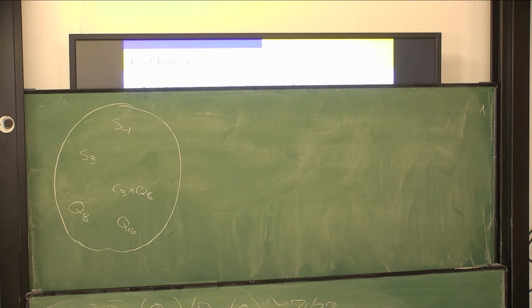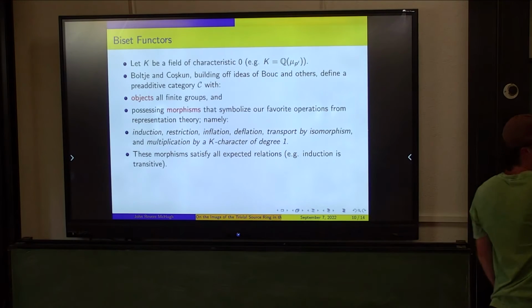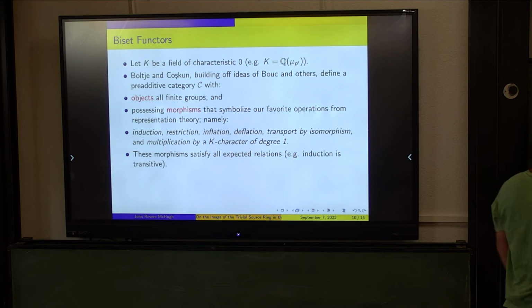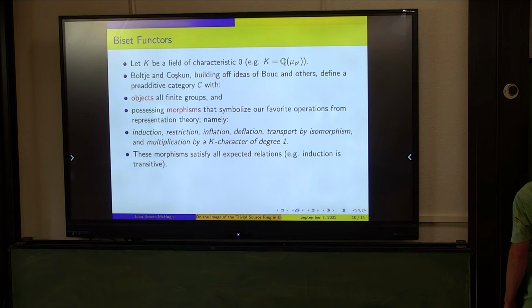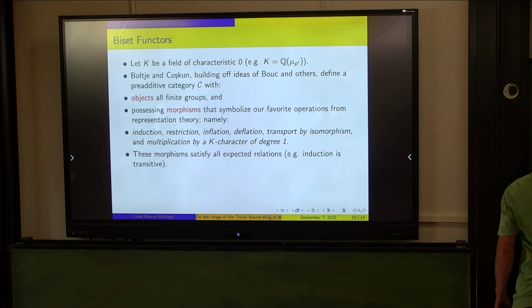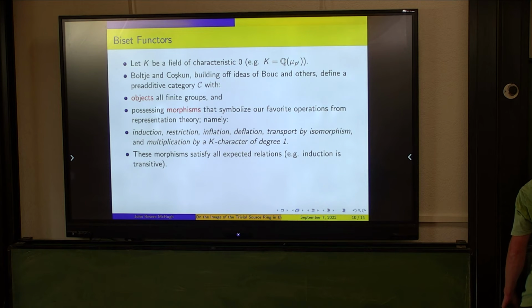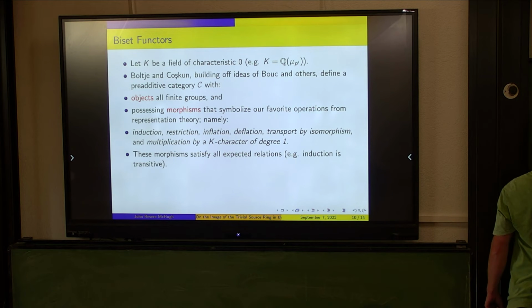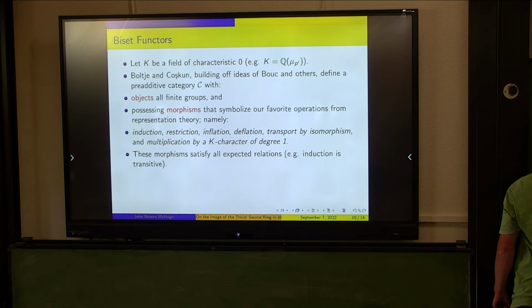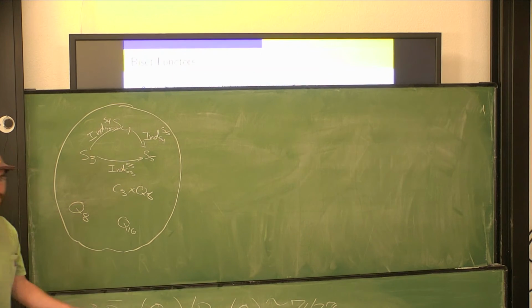And then there are morphisms that represent our favorite operations. So for example, S3 is a subgroup of S4. So there's an arrow pointing from S3 to S4 called induction. There's also one from S4 to S5 called induction. And if I were to compose these two arrows, I'd get a third arrow called induction from S3 to S5. Okay, so this is like the informal definition.